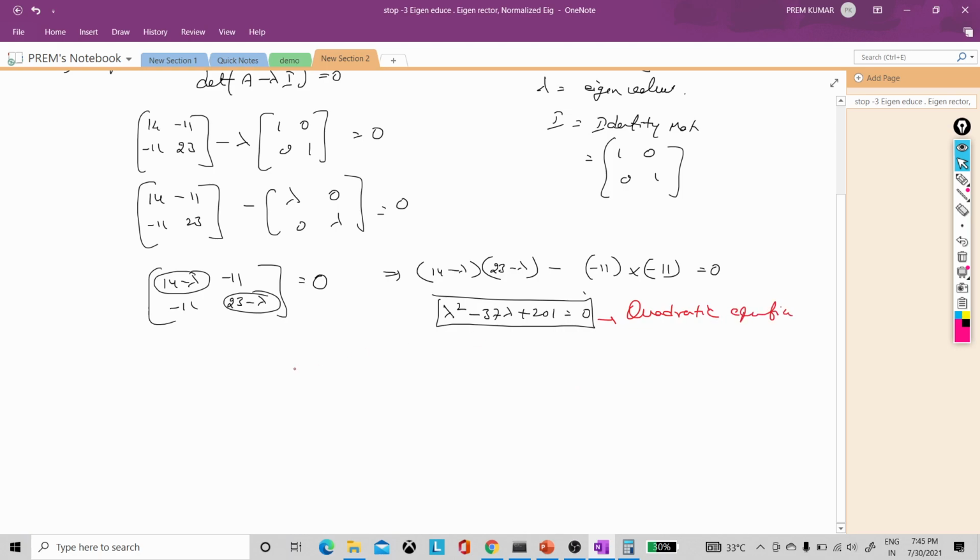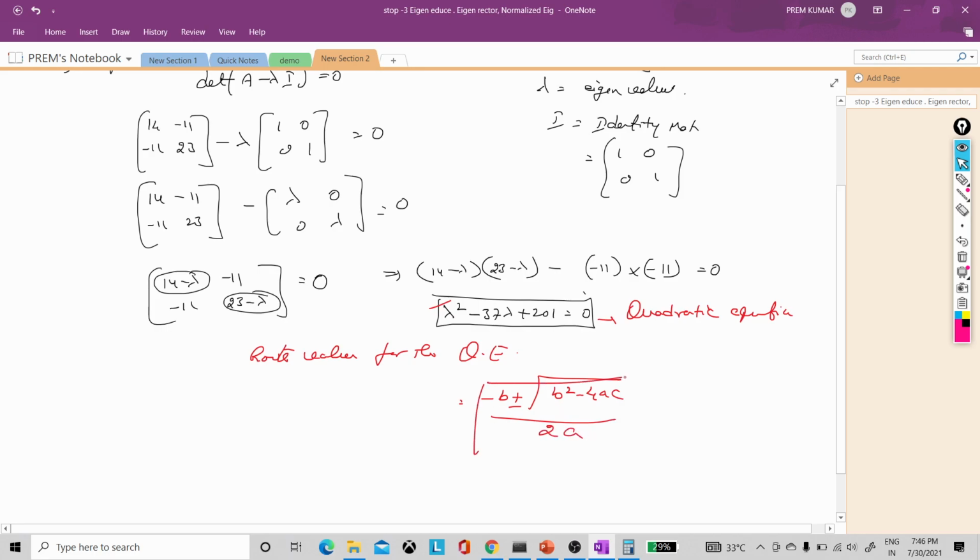So we need to find the root values for the quadratic equation. How to find these root values? There is a formula: minus b plus or minus root of b square minus 4ac, by 2a. The quadratic equation looks like ax square plus bx plus c is equal to 0.